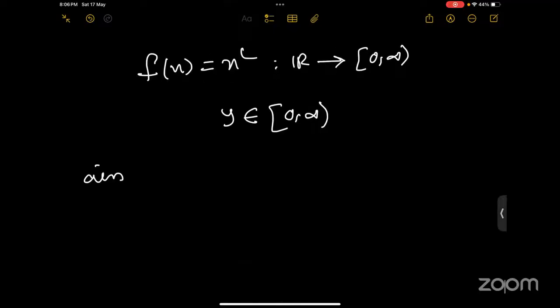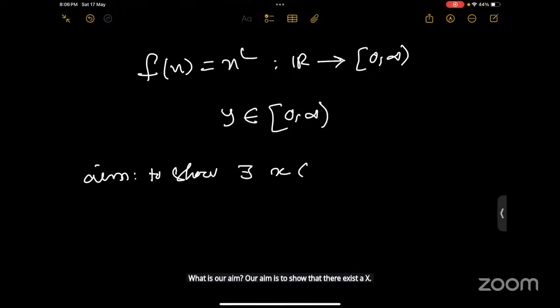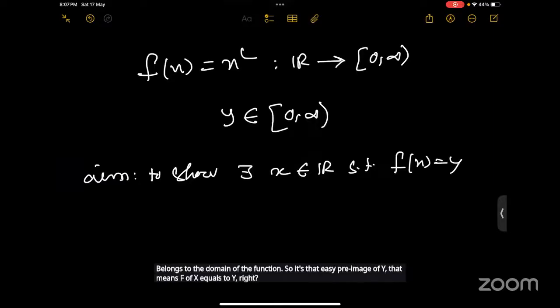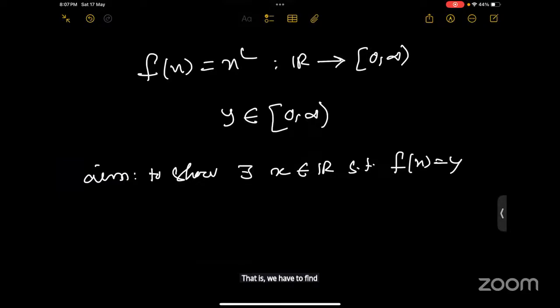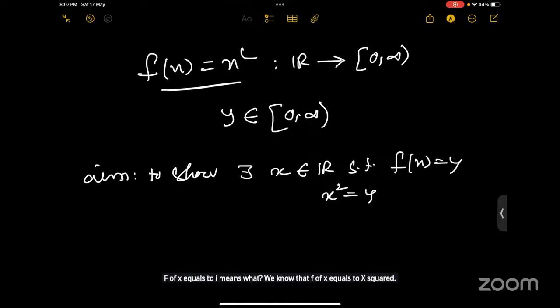Our aim is to show that there exists an x belonging to the domain of the function such that x is the pre-image of y. That means f of x equals y, right? That means we have to find that x. We know that f of x equals x square. That means x square equals y.